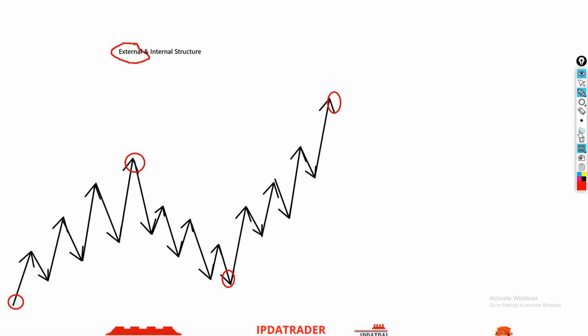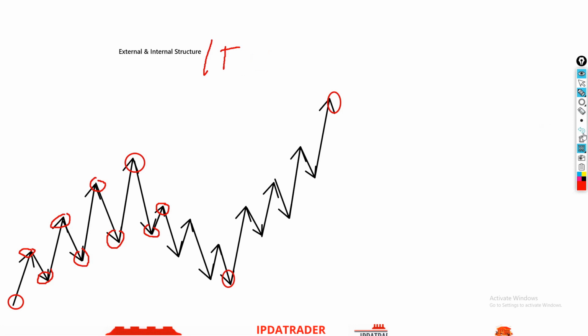Let's take a look at internal structure, right? What would be your internal structure? Well, your internal structure would essentially be anything besides the external, right? Which is essentially all these points right here. All these points right here will be considered your internal structure or internal trend. It's essentially the same thing, right?